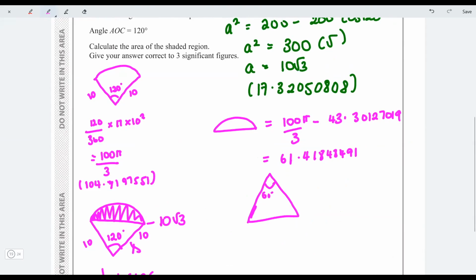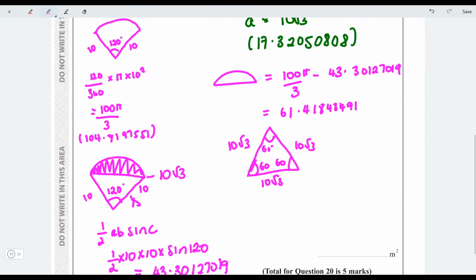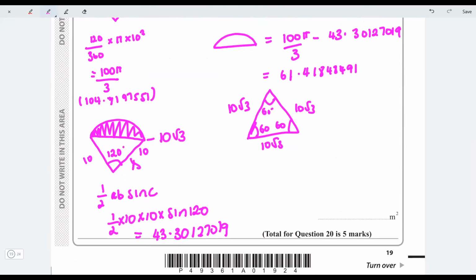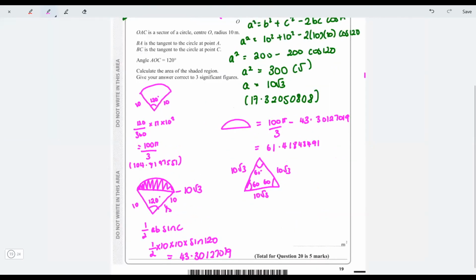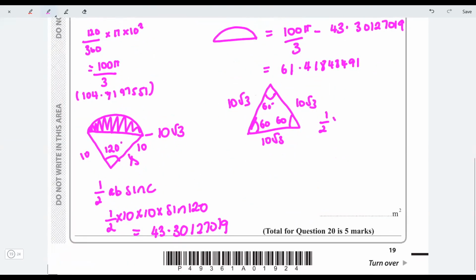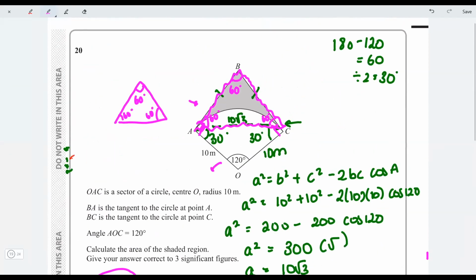So 60, 60, 60. If that's 10 root 3, that's 10 root 3, and that's 10 root 3. So I can work out my area by doing a half ab sine C again. Zoom in. So a half times 10 root 3 times 10 root 3 times sine 60 on my calculator, and I end up with 129.9038106.